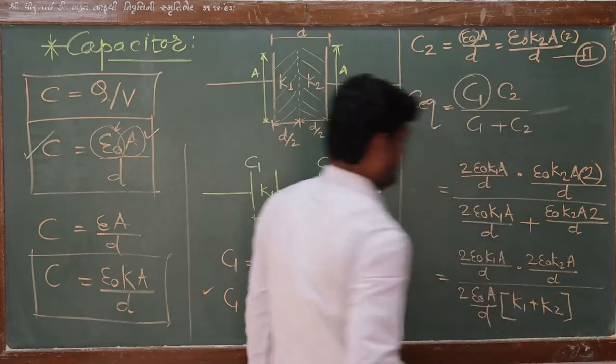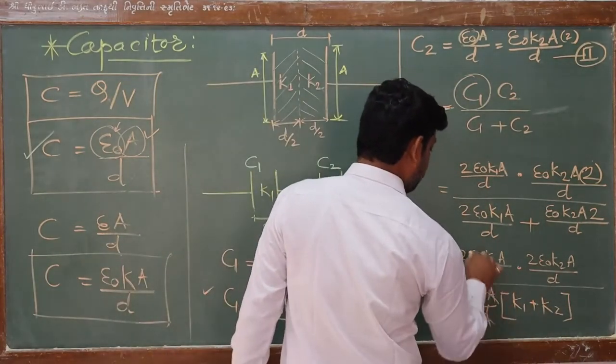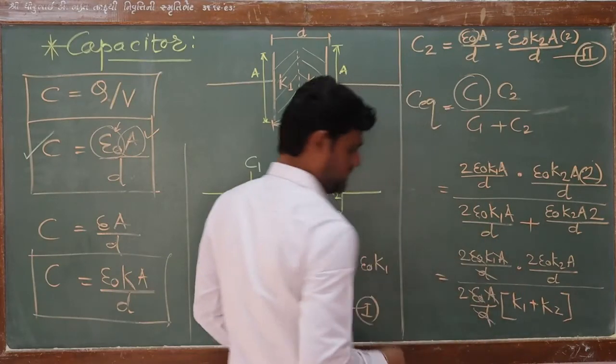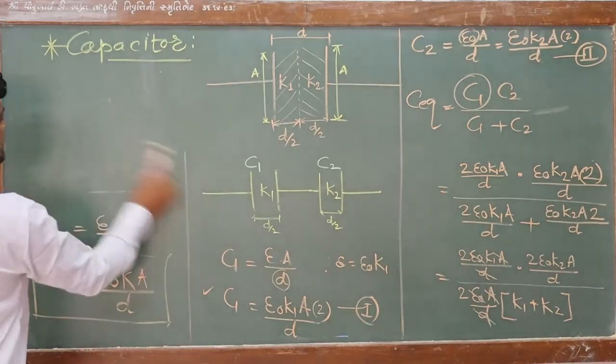Epsilon 0 A by D cancels in the denominator. Now we are going to erase these formulas.